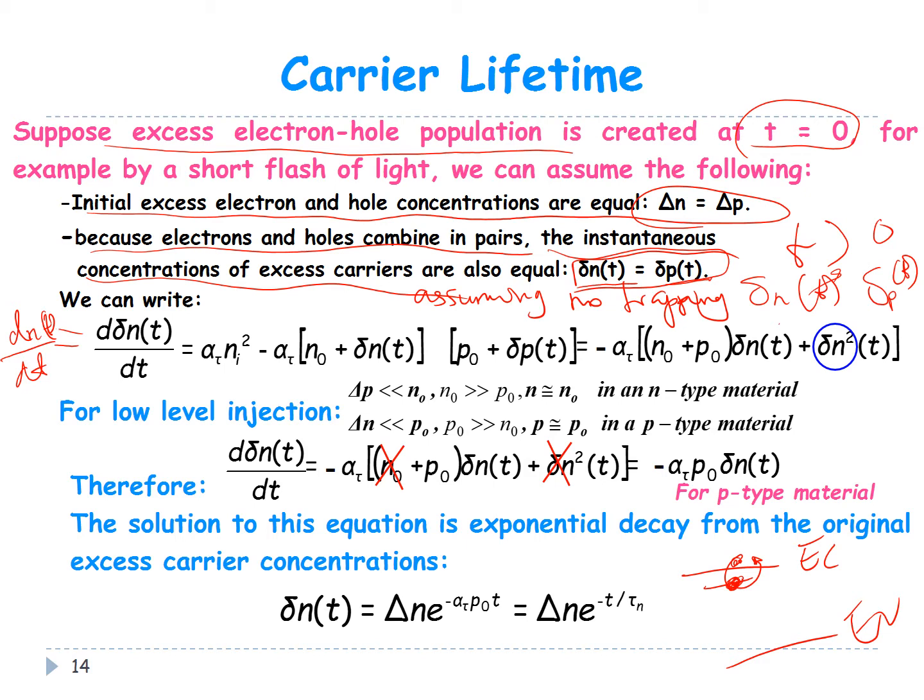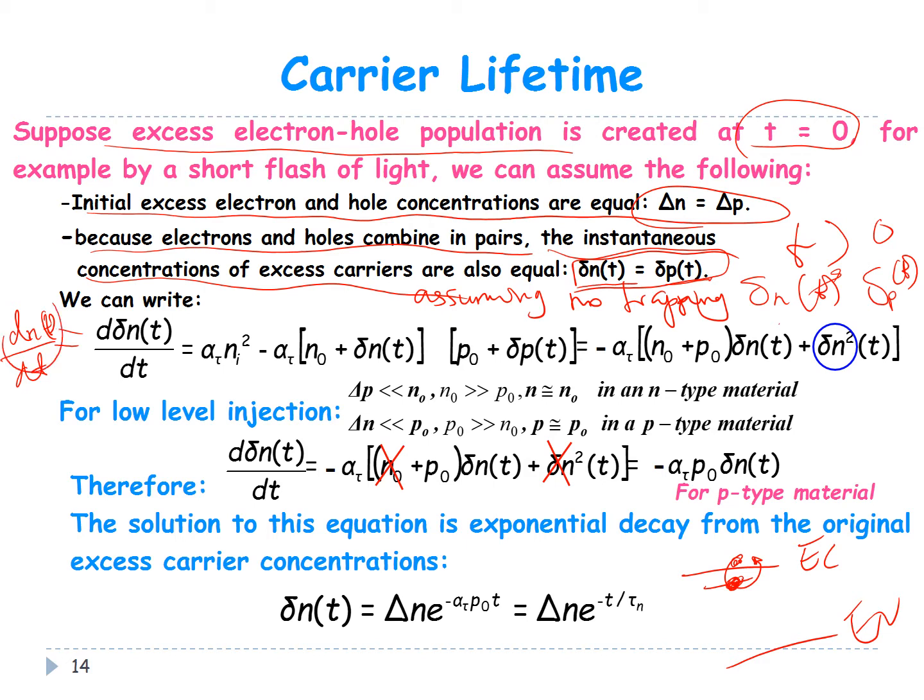So what I'm just trying to say is that dN/dt, the net rate change of the total electron concentration, is equal to the net rate change of the excess electron concentration, because it is the excess carrier concentration that actually changes with time.